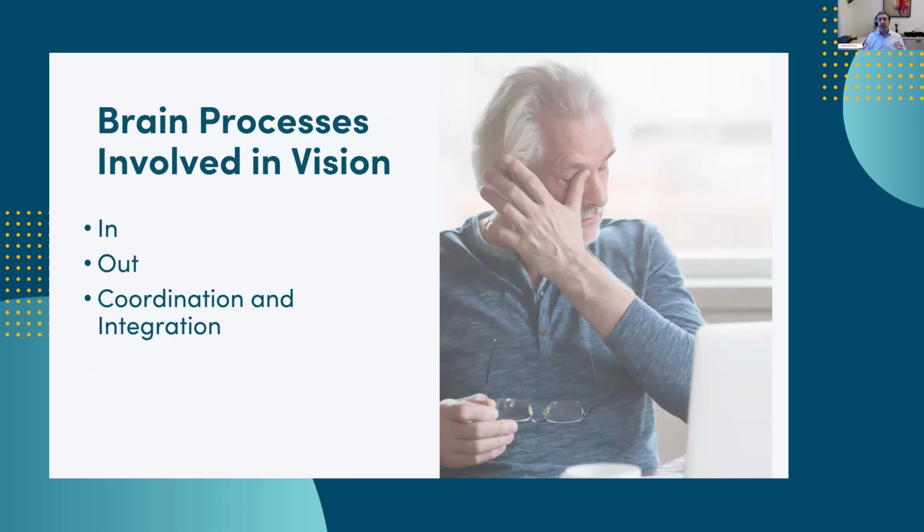And we're going to divide then the understanding of this by looking at the information that goes in to the brain from the eyeballs into the brain, the information that comes out from the brain to the eyes, specifically for the movement of the eyes, which is a very complex process, but also a very additionally important process that takes place in the brain, which is coordination and integration of the information that takes place. Next slide.